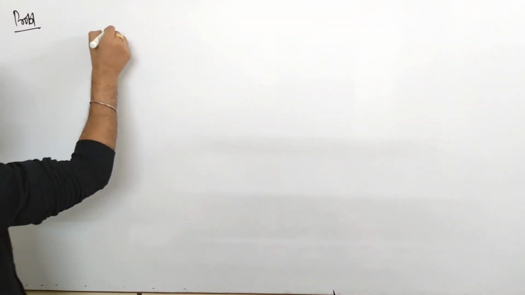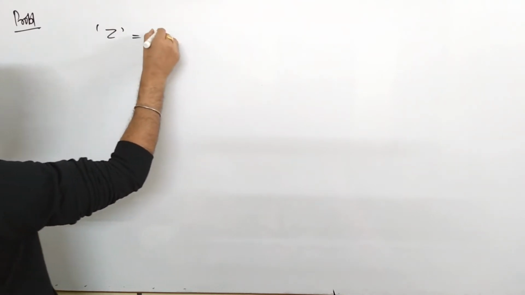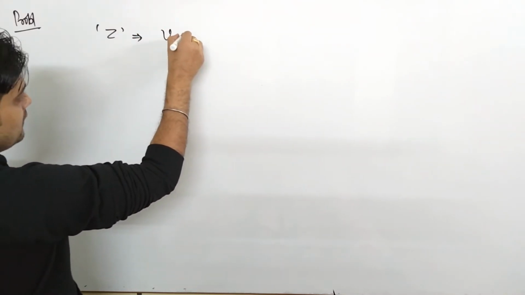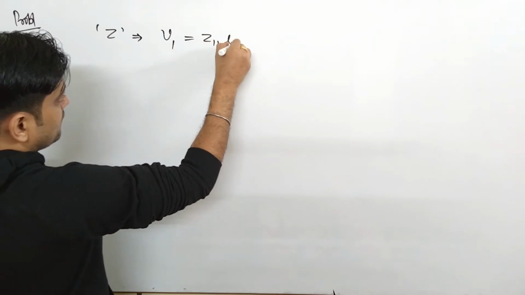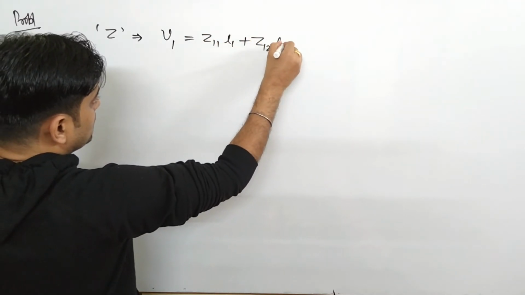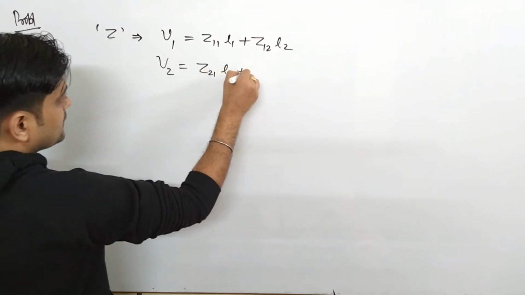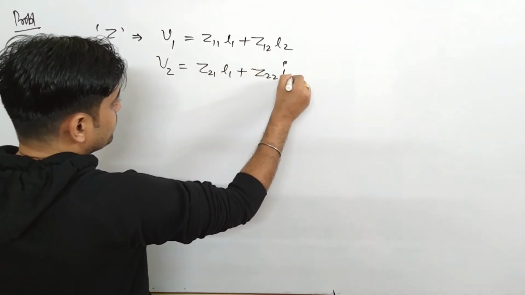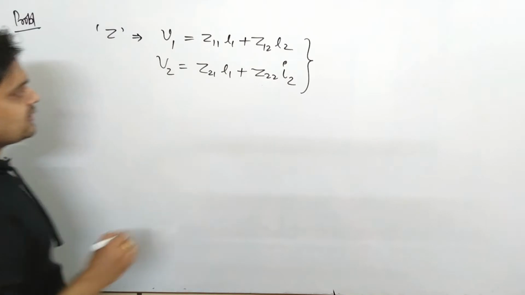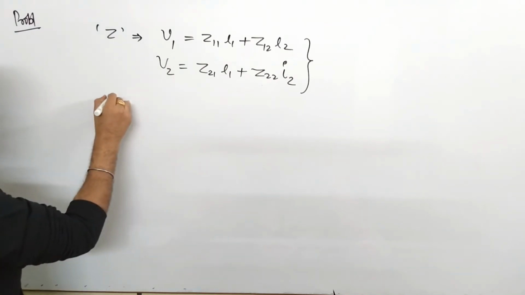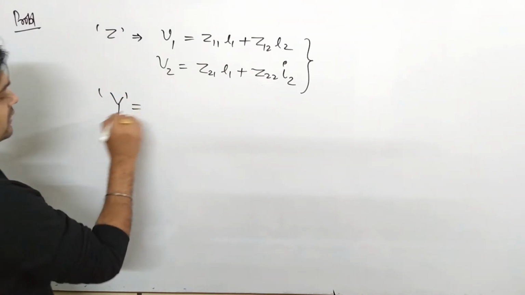As I said, the Z parameters are given, that is, V1 is equal to Z11 I1 plus Z12 I2, and V2 is equal to Z21 I1 plus Z22 I2. This is given. But the Y parameters are not mentioned here.